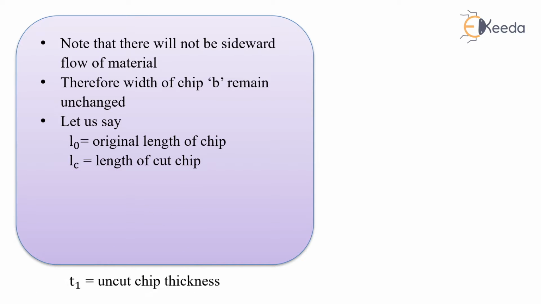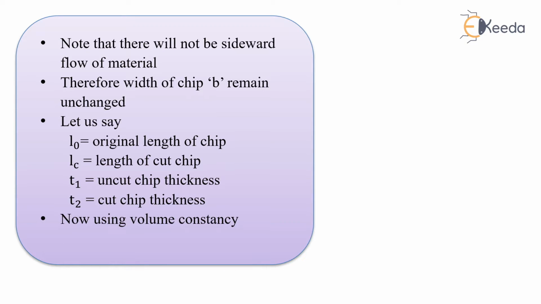So before going into details about the shear plane angle, let us have some basic things. Just now I discussed that as volume constancy is valid, the width of the chip is not going to change because the flow of the material is not along the widthwise direction. It is flowing in the thickness direction.